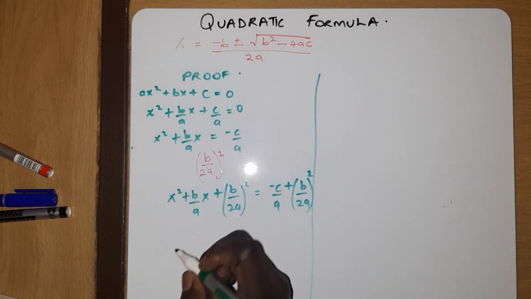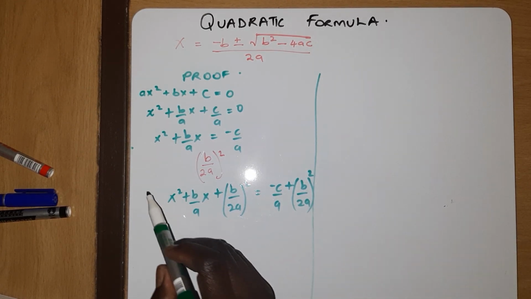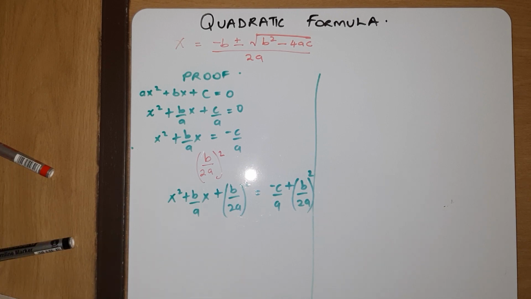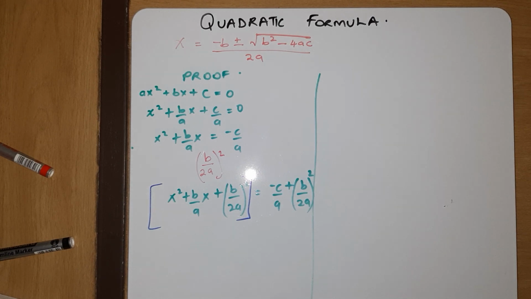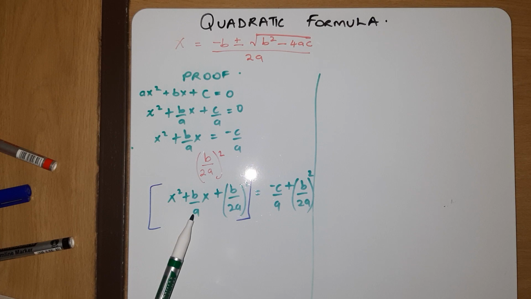When we look at this part, it is familiar, right? We have a sum of b over a and a product of b over 2a squared.